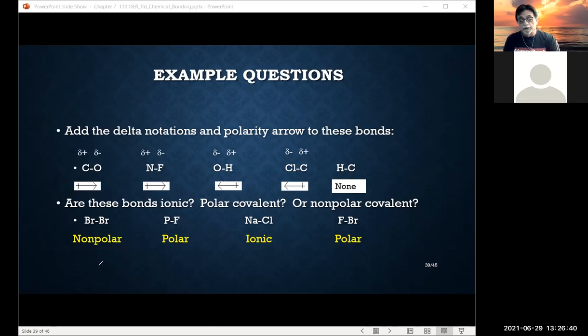There'll be no arrow for bromine, but there'll be an arrow for the phosphorus and the fluoride. It'll be from left to right, with a partial negative on the fluoride and a partial positive on the phosphorus. None on the sodium chloride. And on the fluorine-bromine, the way it's written, the arrow will be from right to left, with a partial negative on the fluoride and a partial positive on the bromide, if arrows needed to be written.